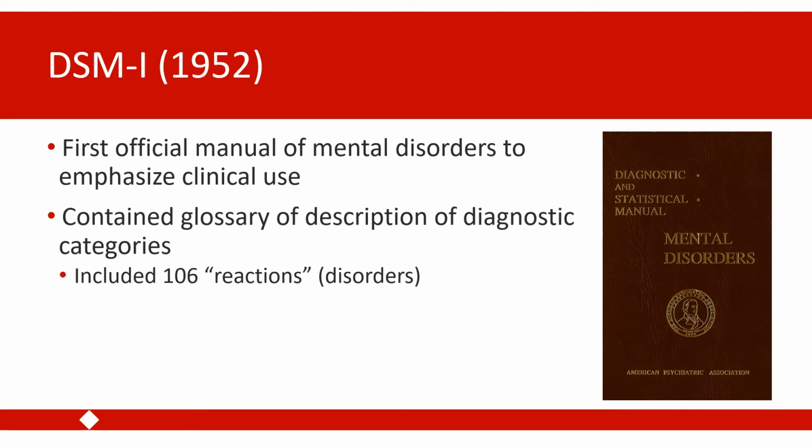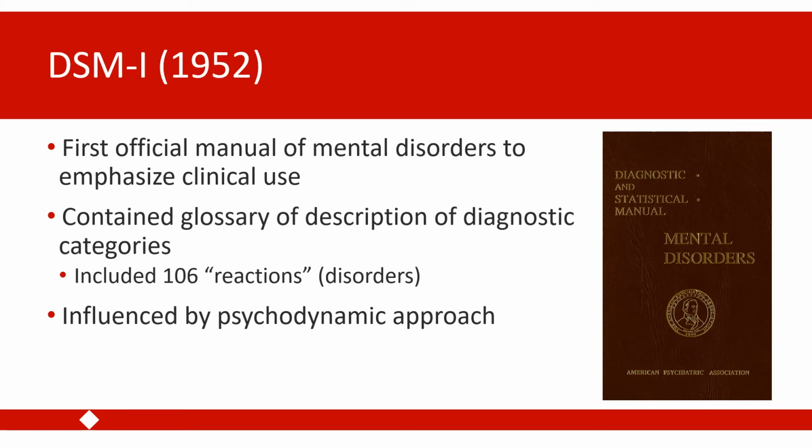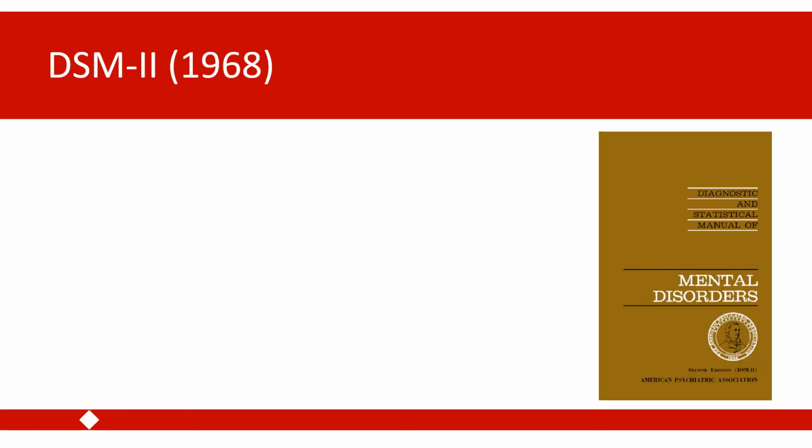We used the DSM-I for a while, until we get to 1968, and then we get our first major DSM revision. Now we get the DSM-II. In the DSM-II, we eliminate the use of the term reaction. This is kind of early in the process where American psychology is shifting from a more psychodynamic clinical approach to a more cognitive and a more behavioral approach.